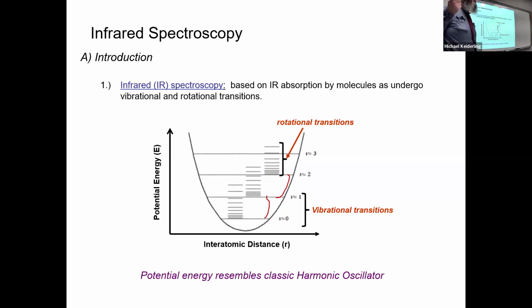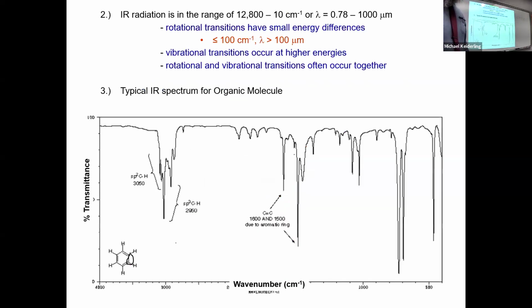You're only usually doing 1 or 2. And IR radiation is in the range from around 12,800 to 10 inverse centimeters, or from 0.78 micrometers to 1,000 micrometers in wavelength.